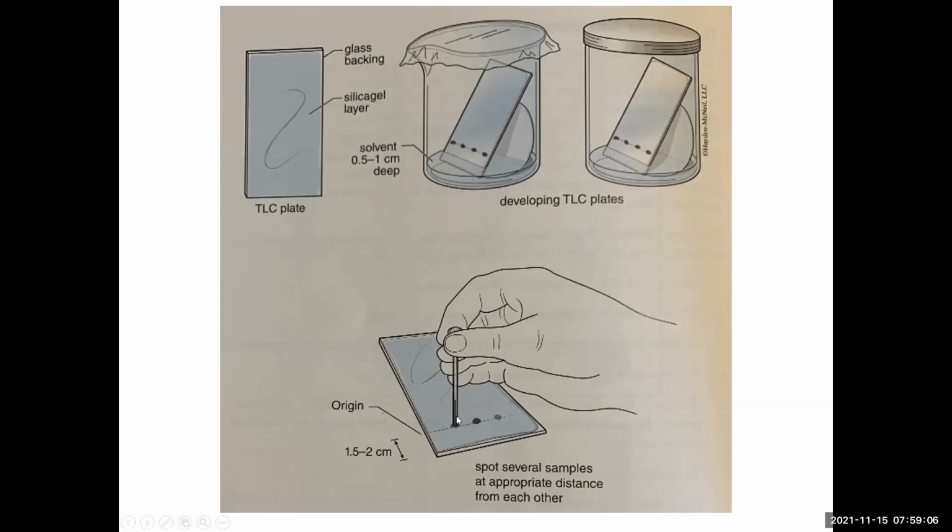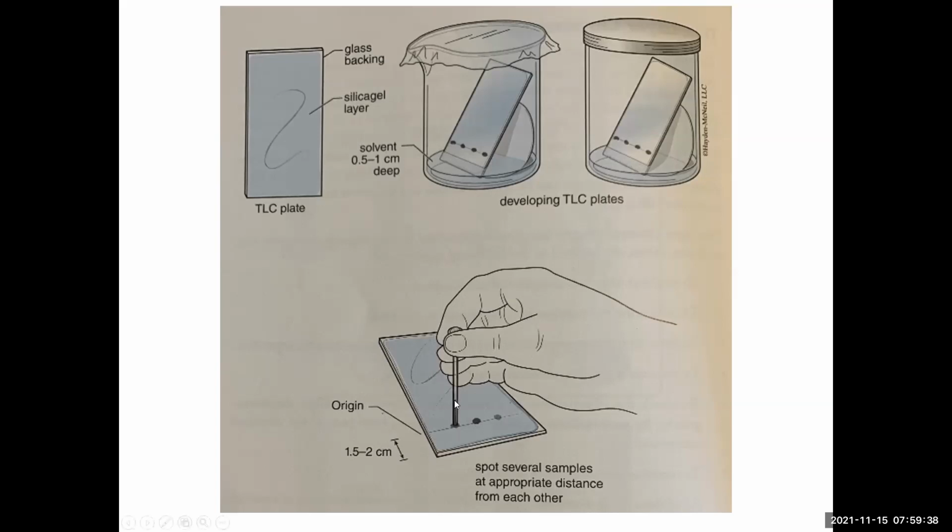So again, you're going to use these capillary tubes. The capillary tubes are not the same ones that we used for melting point analysis. The ones for melting point analysis have a closed end, right, for the solid to go into. But these capillary tubes are actually open on both ends. And that's important so that the compound will go into the capillary tube and then through pressure come out the bottom of the capillary tube.